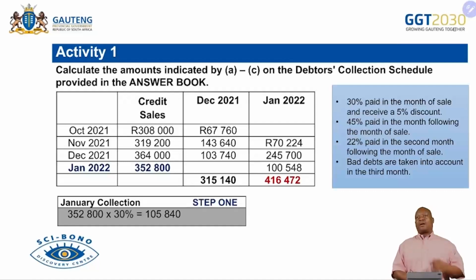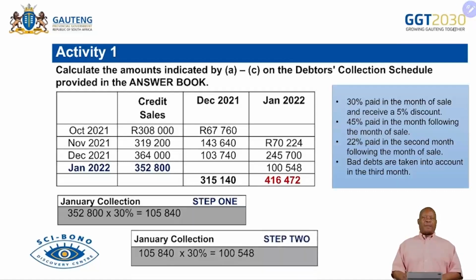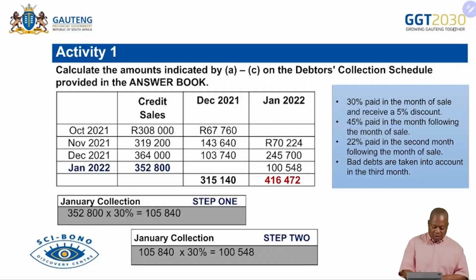We remember 5% discount must be taken off from this figure because that's what they've got to pay. So we are going to say times 95%.